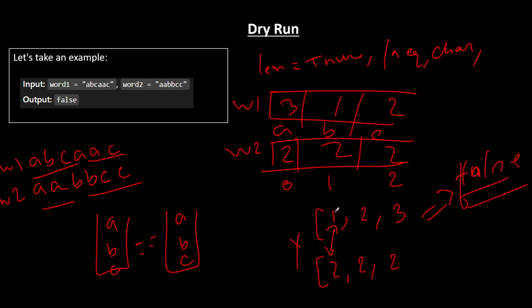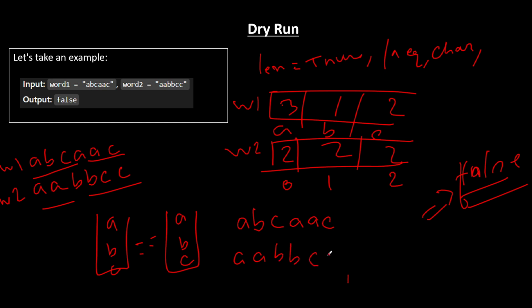Because you have one, right? And you don't have any one here, so you cannot rearrange or replace them. If you practically try to visualize this thing, I have A, B, C, A, C, and A, B, B, C, C. But if I try to convert word one to word two, fine.